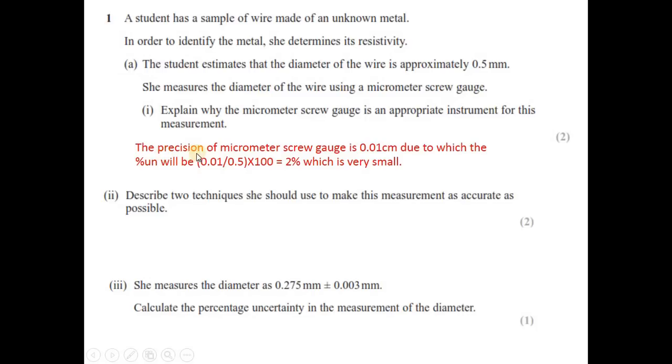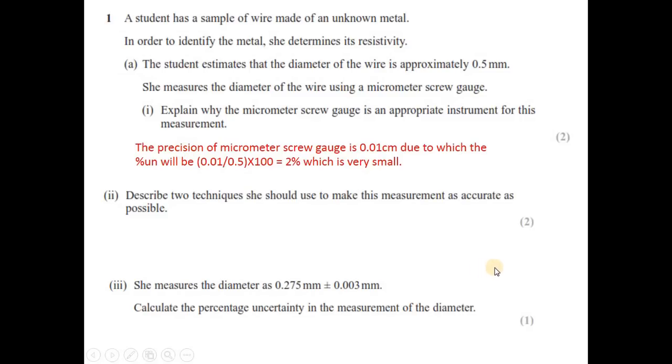In place of precision, you can write resolution, because in the new specification they have replaced the word precision with resolution. So for the new specification we don't use precision, we use resolution, the smallest measurement.